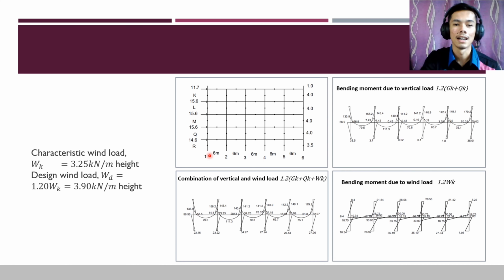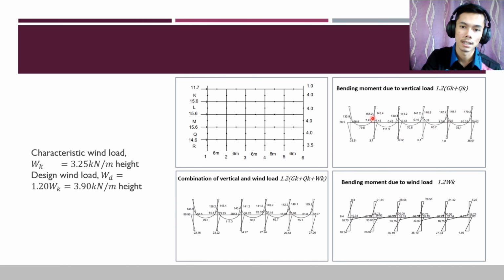At level 1 we get 14.6, and for level 2, level 3 and level 4 we get 15.6, and lastly level 5 we get 11.7. For the ground floor height we get 3.5 meters, and each other level is 4 meters. And this is for the bending moment due to vertical load 1.2 Gk plus 1.2 Qk.